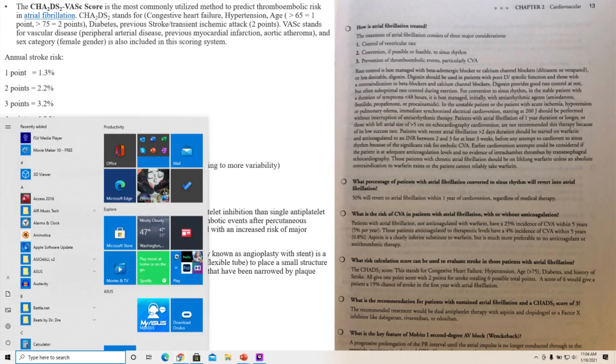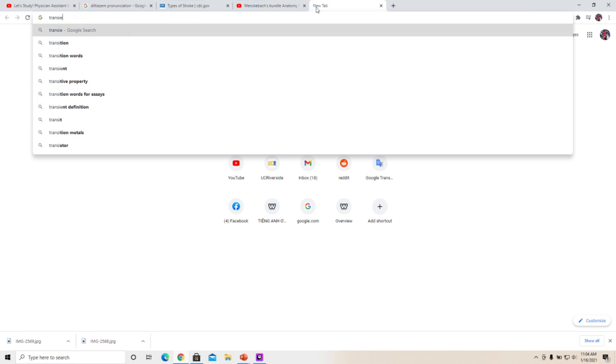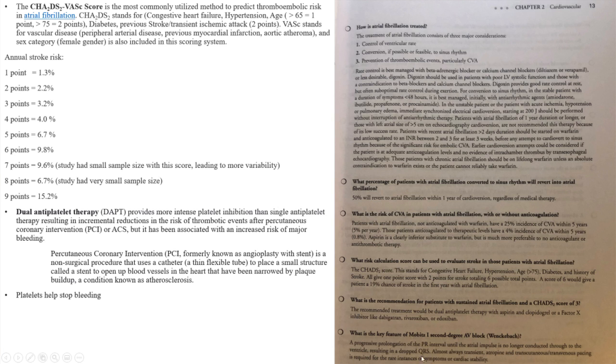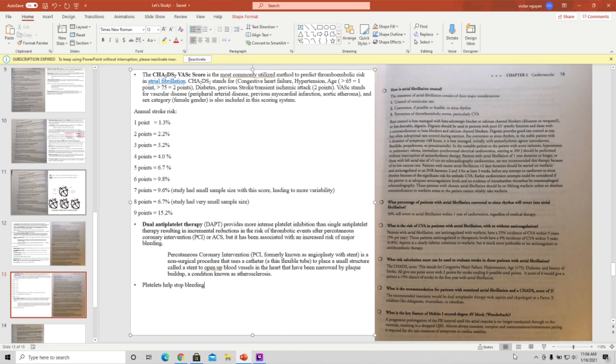Transient, so temporary. Atropine. What is that again?